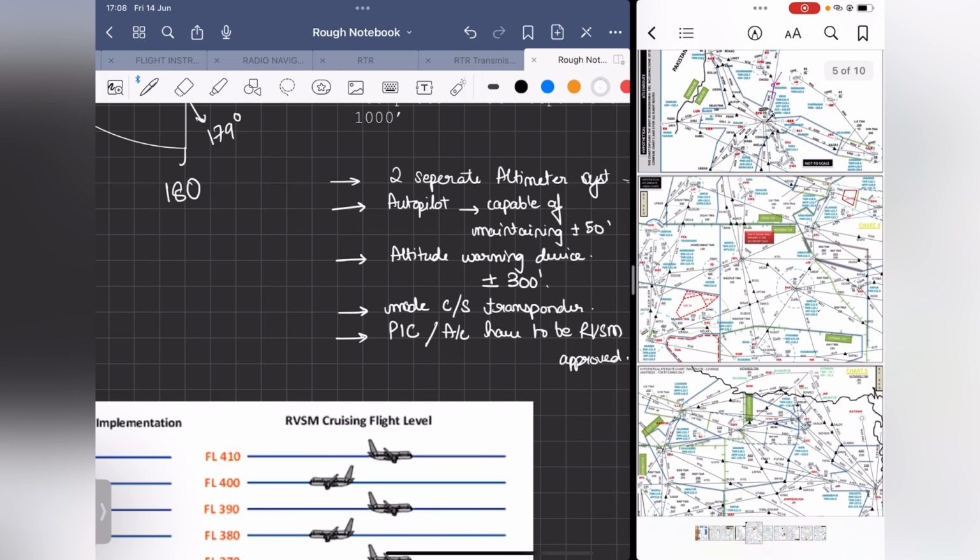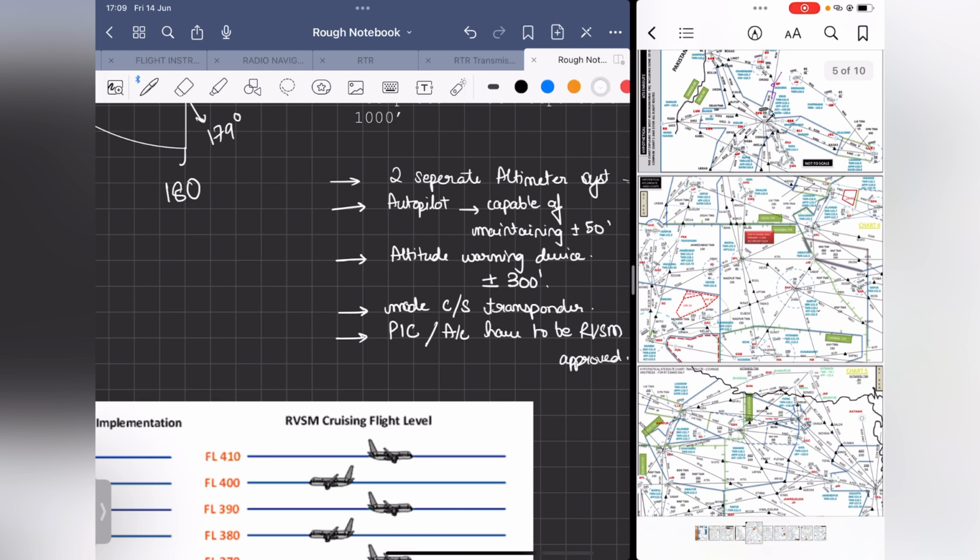Fine. So we have these 5 basic requirements. You have two separate altimetry systems. You should have an autopilot capable of maintaining plus minus 50 feet. You should have an altitude warning device which can indicate if you deviate by more than 300 feet. You should have a mode C or S transponder on board. Your PIC, your aircraft and your equipment have to be RVSM approved.